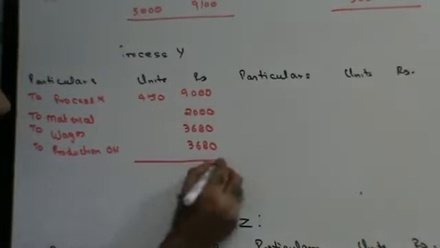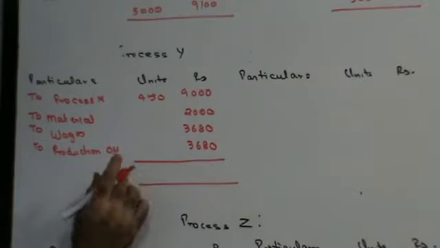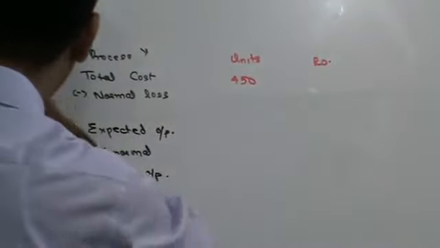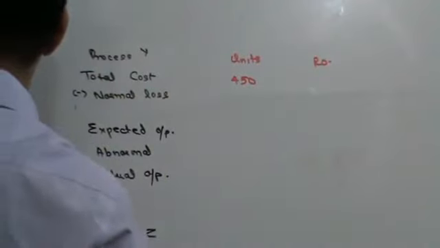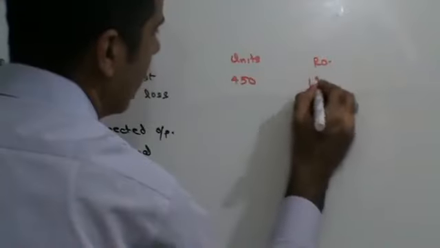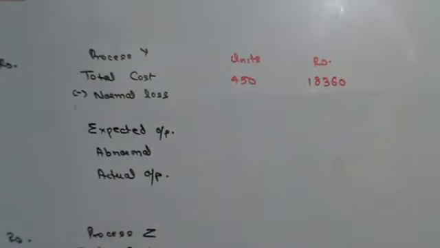So this is going to be equal to, now this is 450 units. In terms of units, it is going to be 450, and rupees is 9 into 11, 11 and 6 is 17, 17, 18,200, 18,360. Right?